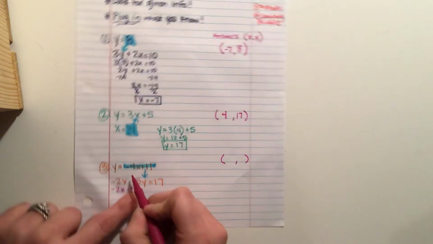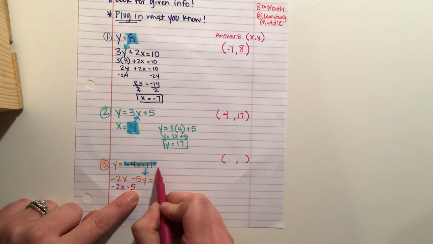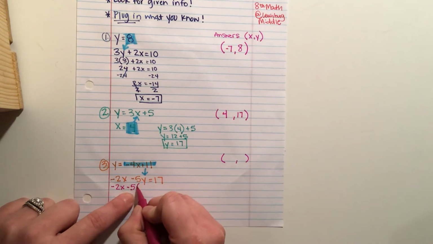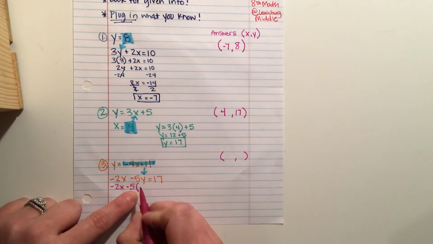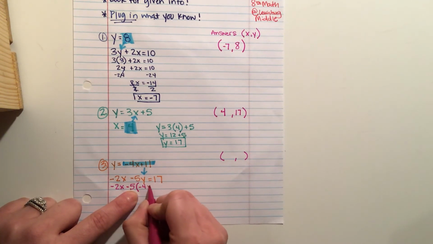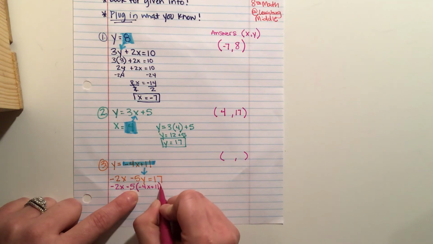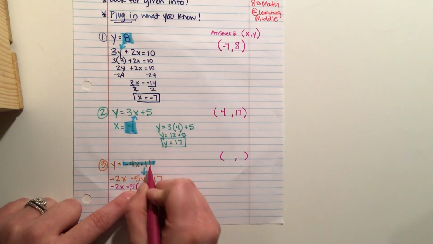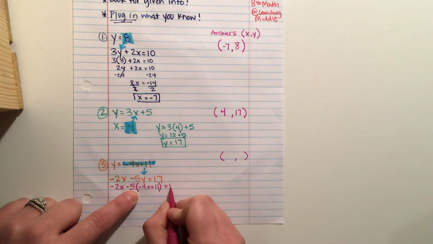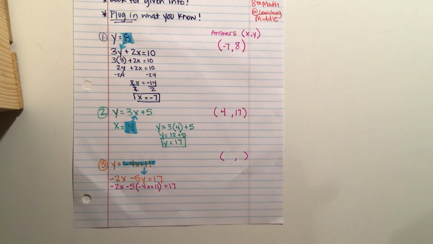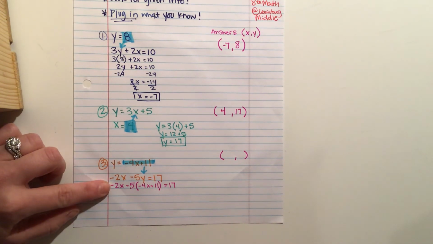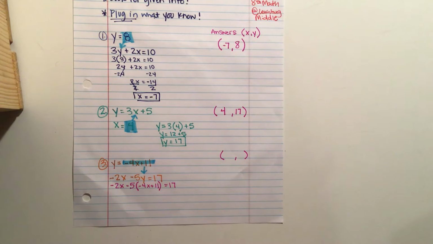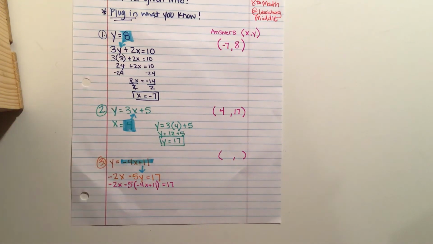Now, because y equals all of that information, you're going to open up parentheses and plug in this entire expression for this y slot: negative 4x plus 11. Close your parentheses because that's all that was up there, and then finish writing your equals 17. Now, we need to distribute to solve for x. Once we find x, we'll be able to turn back around and plug it into this problem.